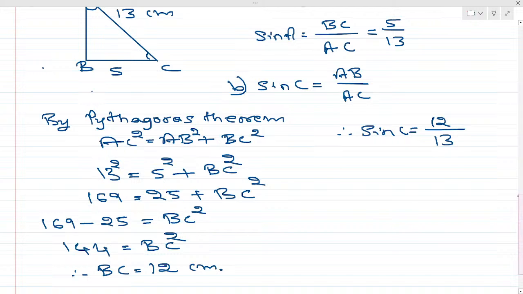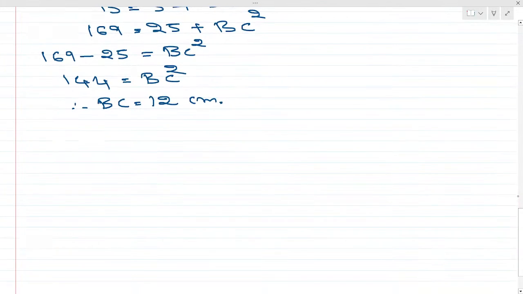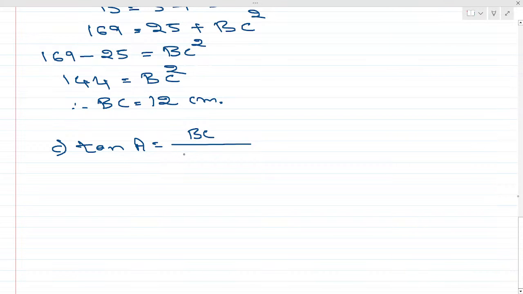Moving on to the next part, I have to find tan A. Looking at the diagram, tan A is opposite by adjacent. It's BC over AB.